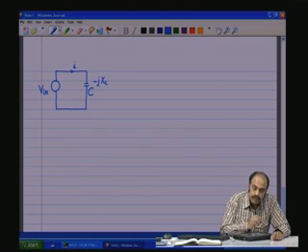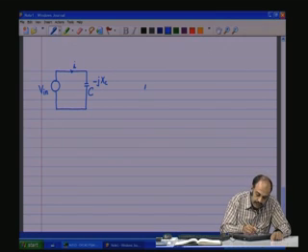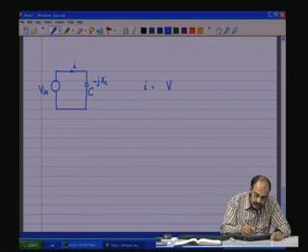This of course has a frequency component, that is nothing but 1 by omega C. So, what is I? I is a complex quantity which is V in by the reactance which is XC.